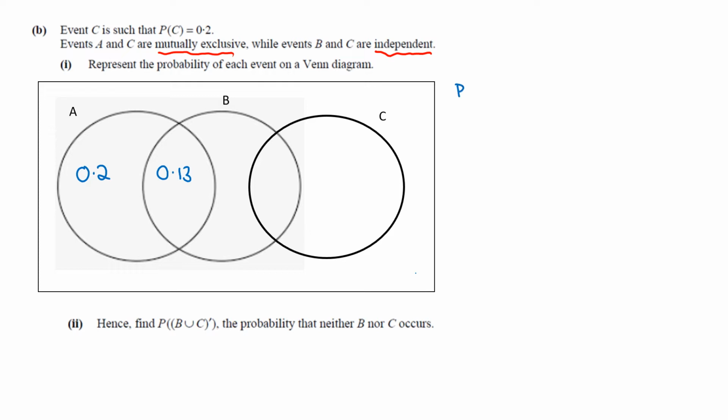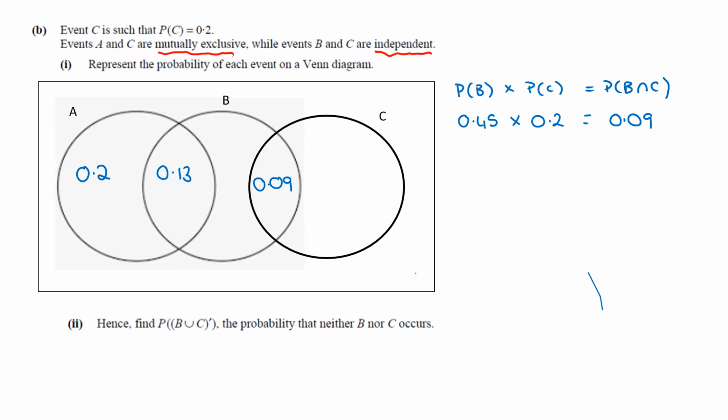That means the probability of B multiplied by the probability of C should give us the probability of B intersection C. So the probability of B was 0.45. The probability of C we've just been given is 0.2. And when we work that out, that gives us 0.09. So that goes in here, 0.09.